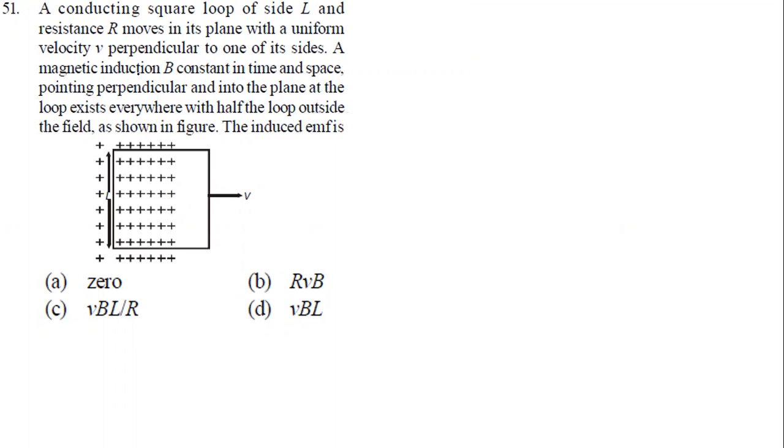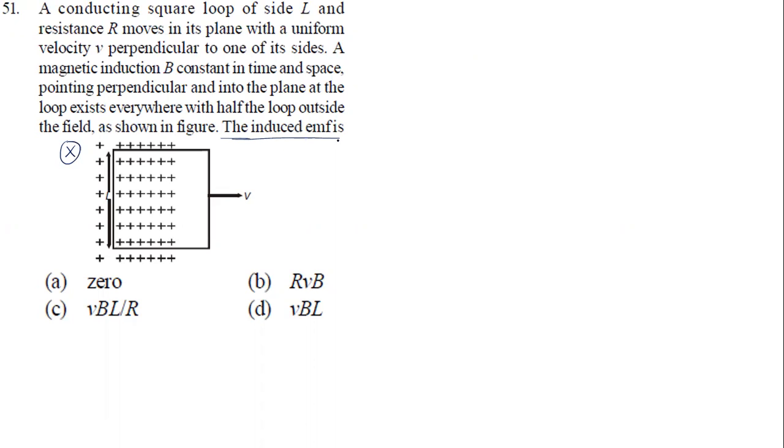A magnetic field B, constant in time and space, points perpendicular to the plane of the loop. Actually it should point into the plane of the board, so that is a printing mistake; we assume it points away from us. The field exists everywhere, with half of the loop outside the field, as shown in the figure.